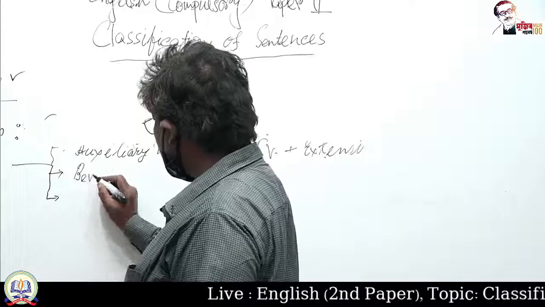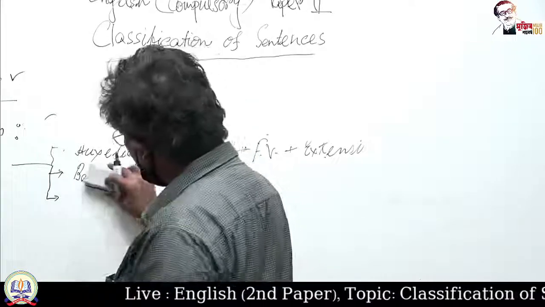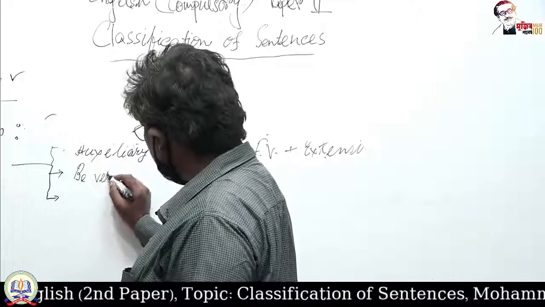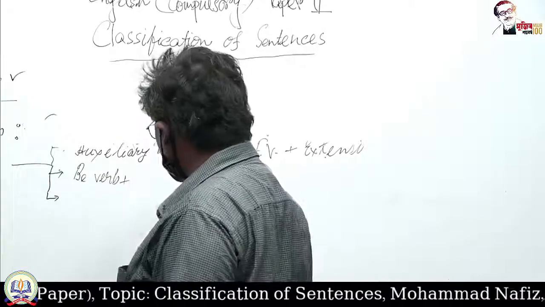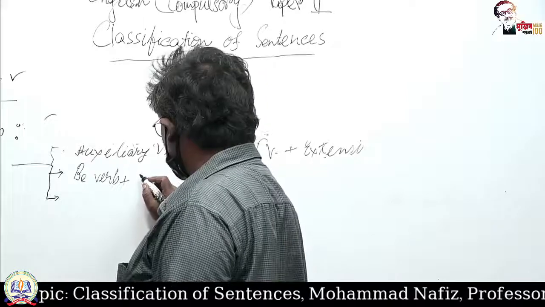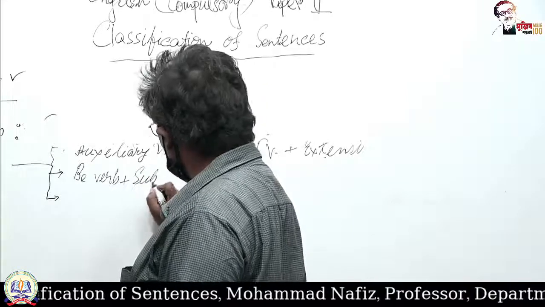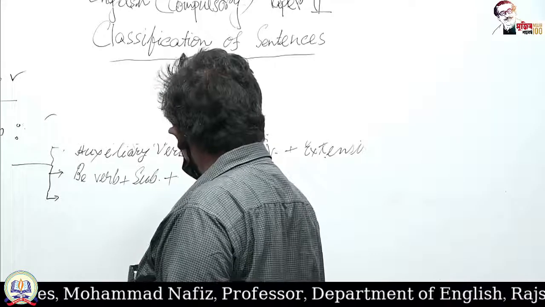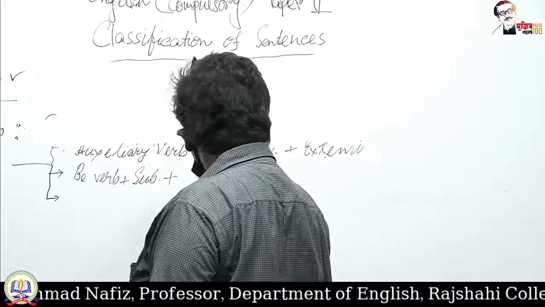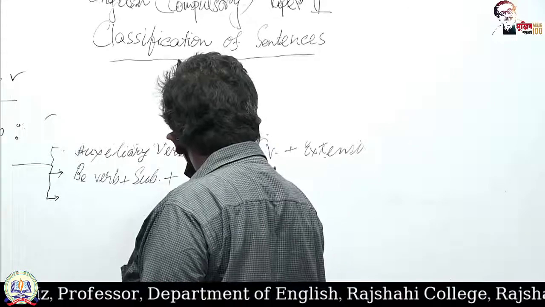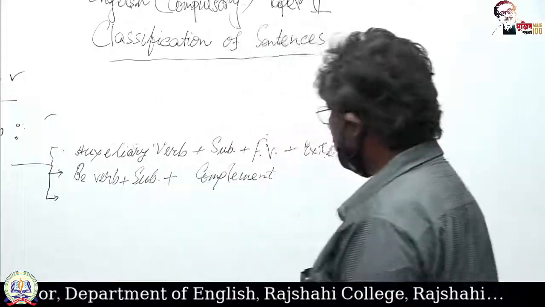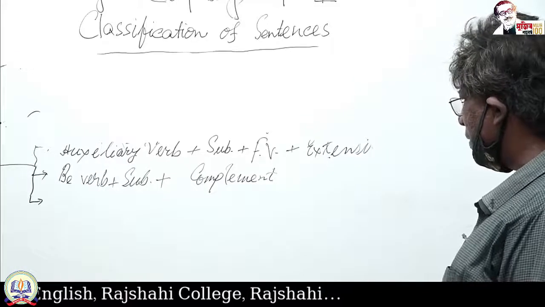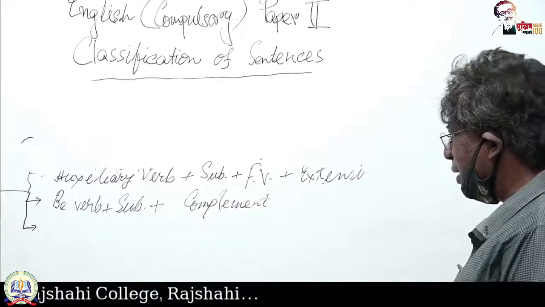Another type of interrogative sentence begins with the be verb followed by the subject, and then there comes the complement. Be verb, then subject, then comes the complement.